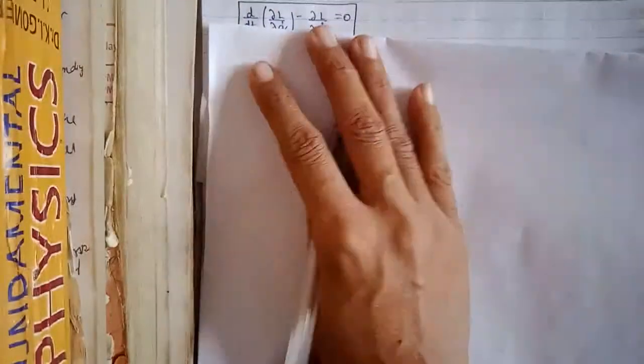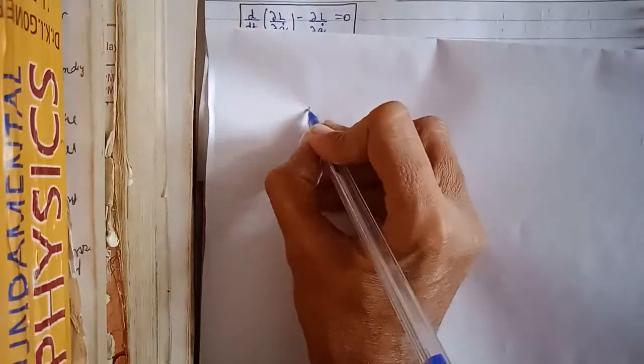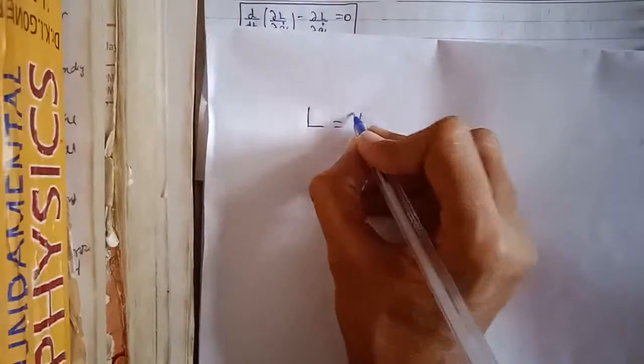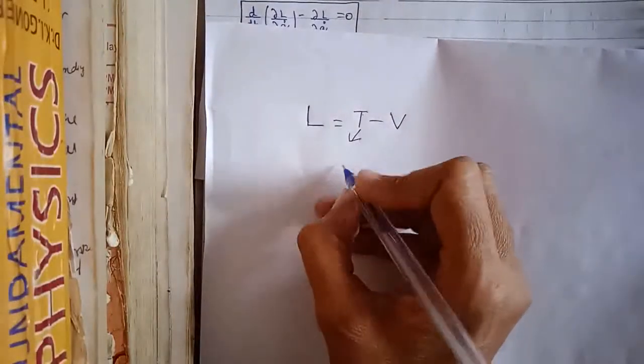So what is Lagrangian? As I have told you before also, we don't need to go into detail of everything. Whatever is important from exam point of view, we are going to discuss that only. What is Lagrangian? It is T minus V. What is T over here?